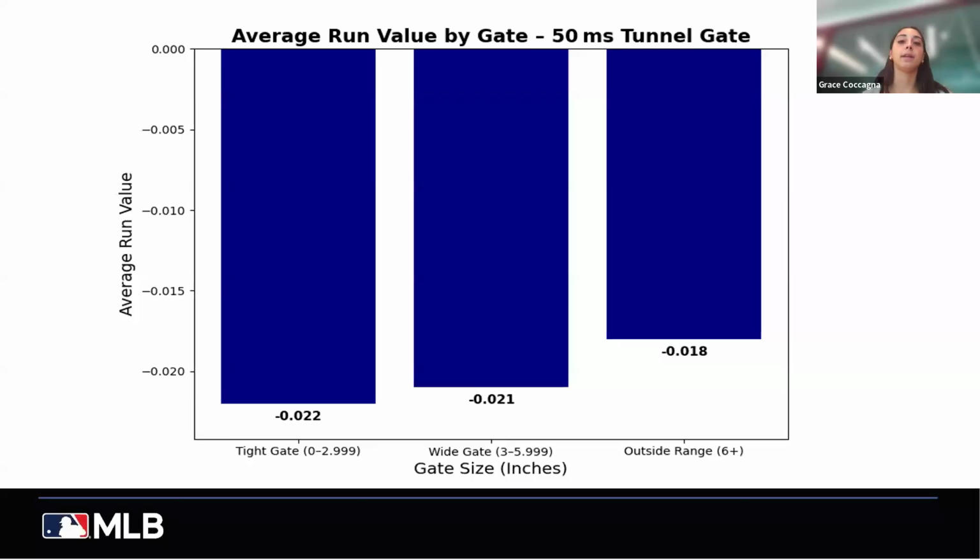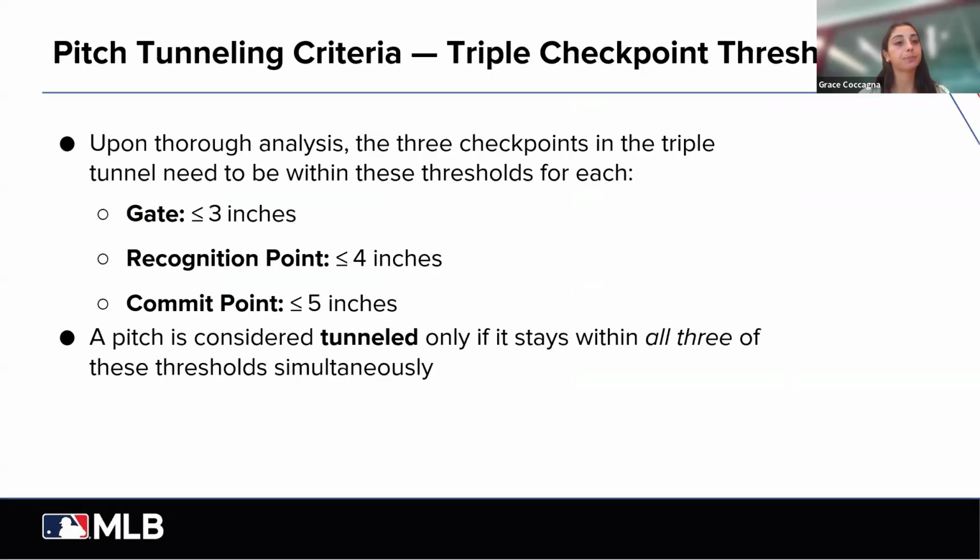Then, to establish where the tunnel gate is sitting at 50 milliseconds, we can analyze the run values for different tunnel gate thresholds. The most negative run value is sitting at around 0 to 2.99 inches, which is consistent with the 4 and 5-inch thresholds, with 3 being the smallest. So it's pretty clear that we can identify what that threshold is at the tunnel gate.